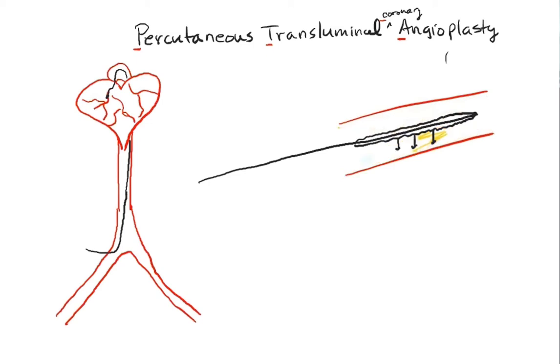It starts with a P. Patency. So that plaque buildup gets squeezed against the wall of the blood vessel and it creates patency. It opens up because that little catheter has a little balloon on it, and that little balloon inflates.